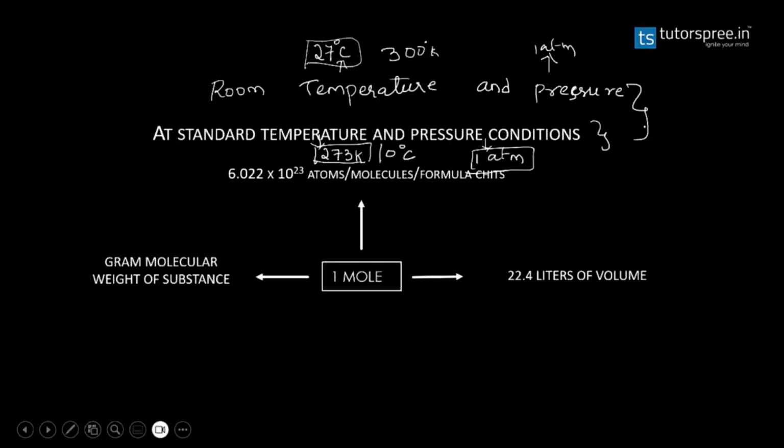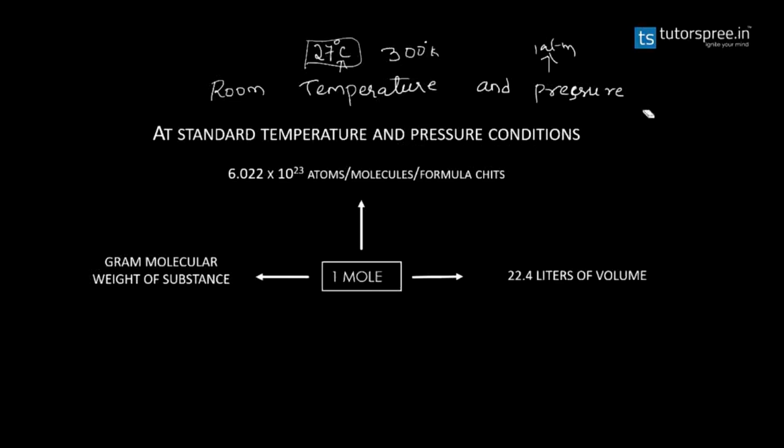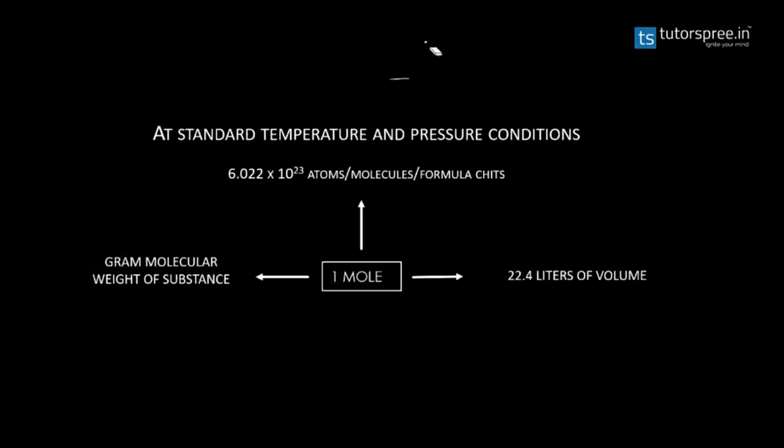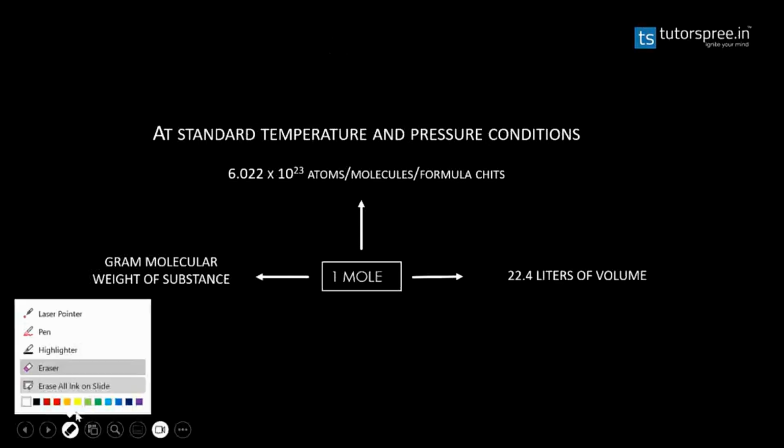Now, at standard temperature and pressure conditions, how can we convert the mole into different quantities? At standard temperature and pressure conditions, 1 mole of any substance is equal to 22.4 liters of volume.